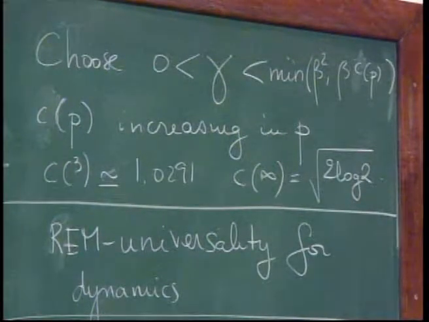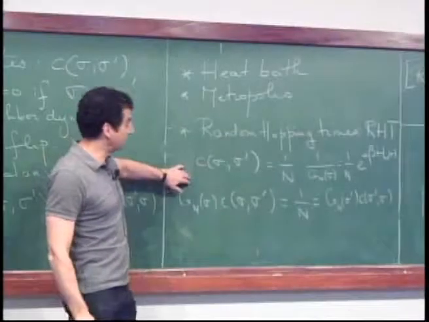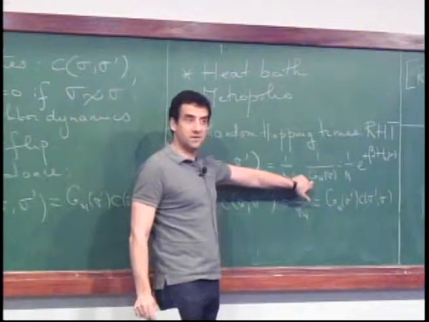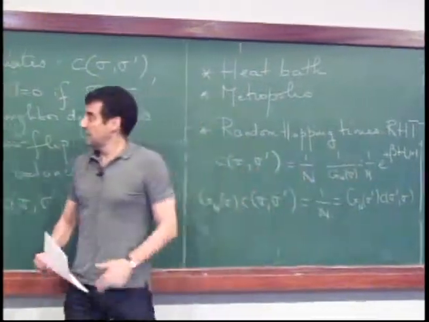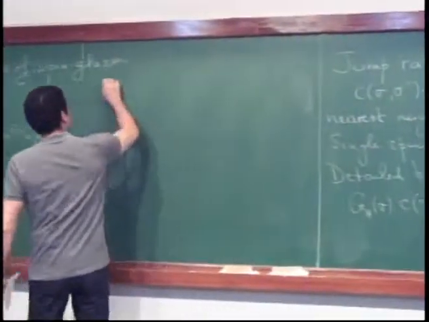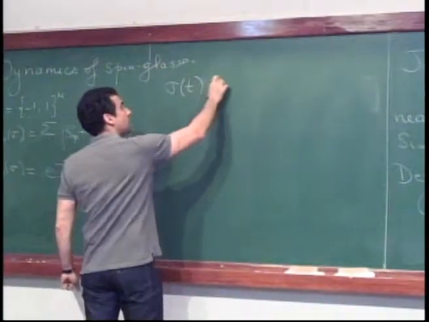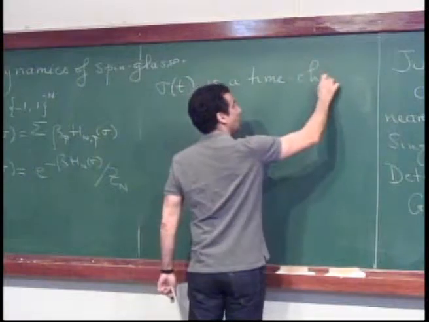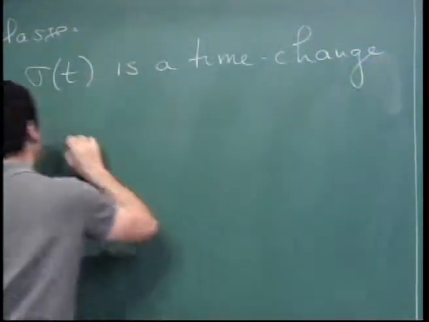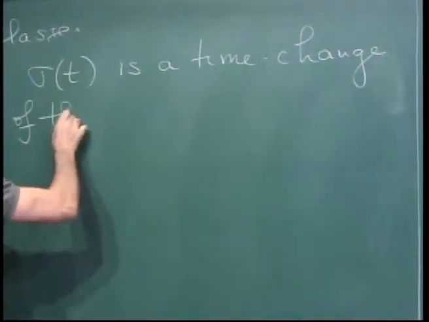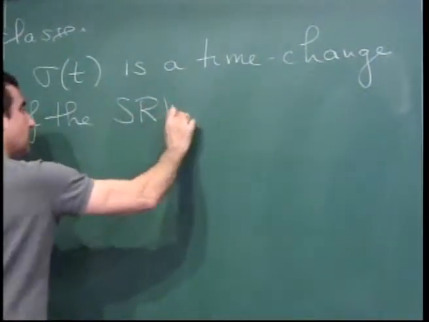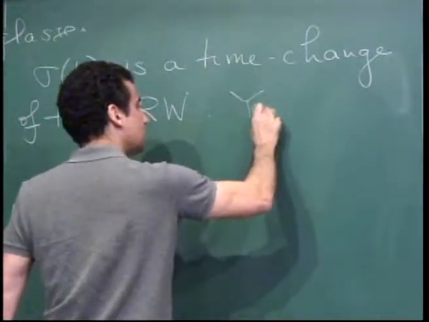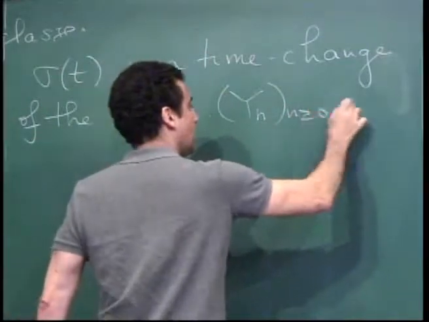When you have such a random hopping time dynamics, the jump rate depends only on the starting point, which means that in fact this Markov chain is a time change, simply, of the simple random walk, let me call it Yn, on the hypercube.